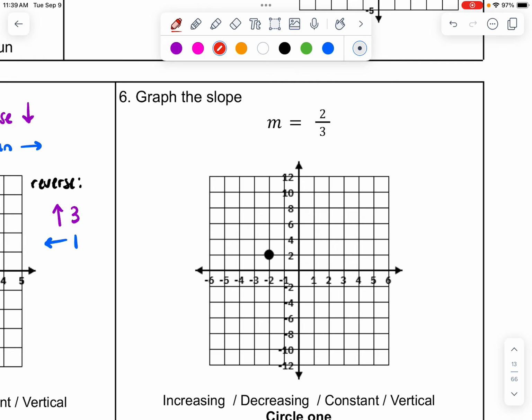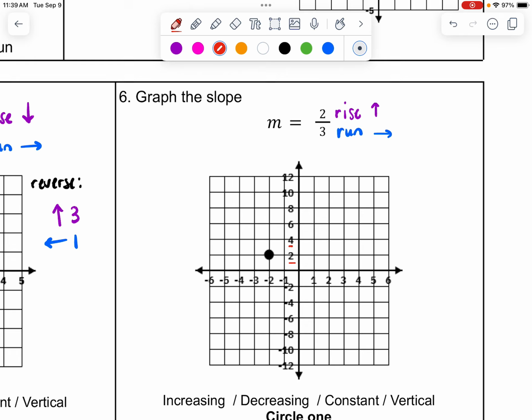If I say, please graph the slope, again, I'm going to label my rise and my run, which means I'm going to go up 2 spaces and right 3 spaces from my starting point. I'm going to go up 1, 2 spaces and 1, oh, JK. I made the mistake I should not have made. I need to pay attention to the scaling.